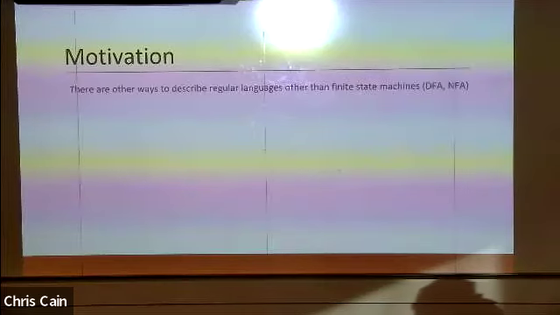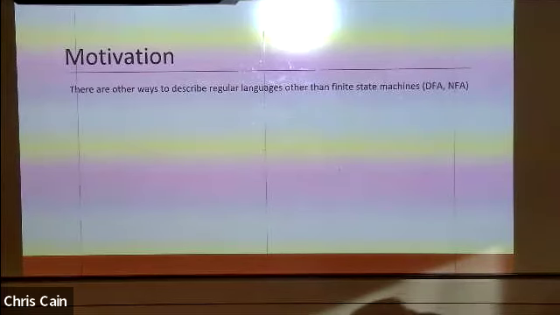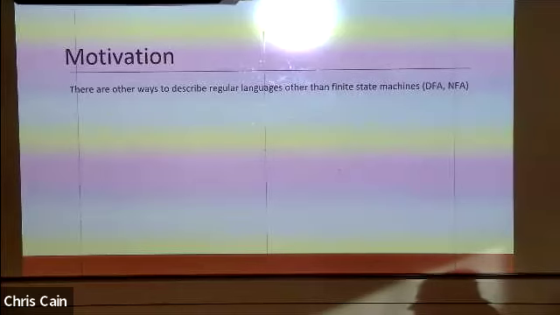So let's start by saying that so far we've looked at in detail one way of expressing or describing regular languages. We've looked at finite state machines. Well, finite state acceptors. We looked at the DFA and the NFA, but there are other ways to also describe regular languages, and we can show that all of these are equivalent to each other.